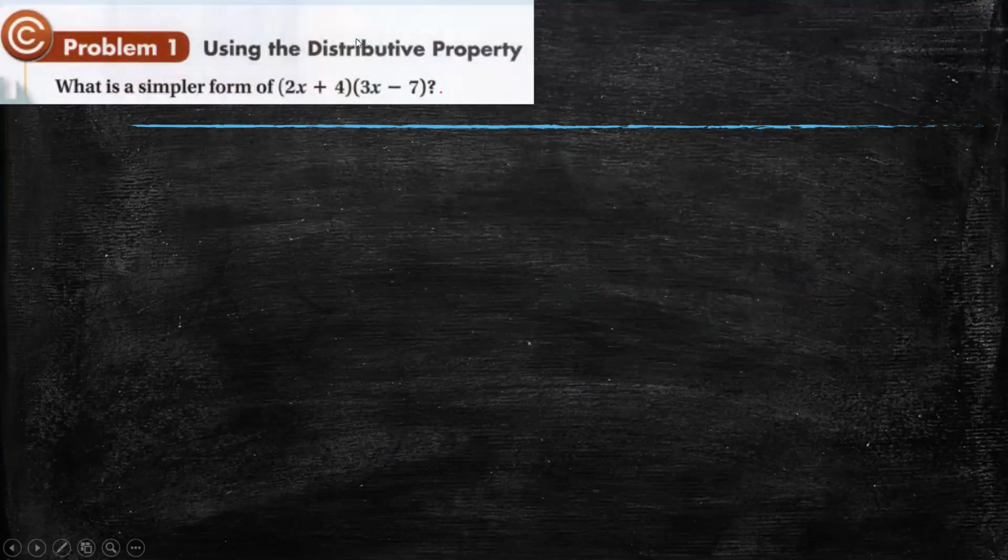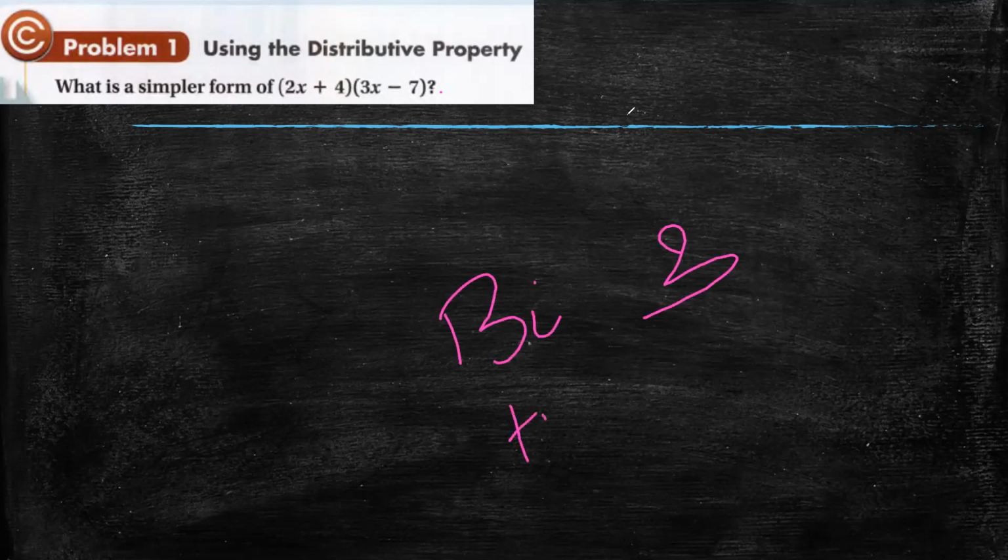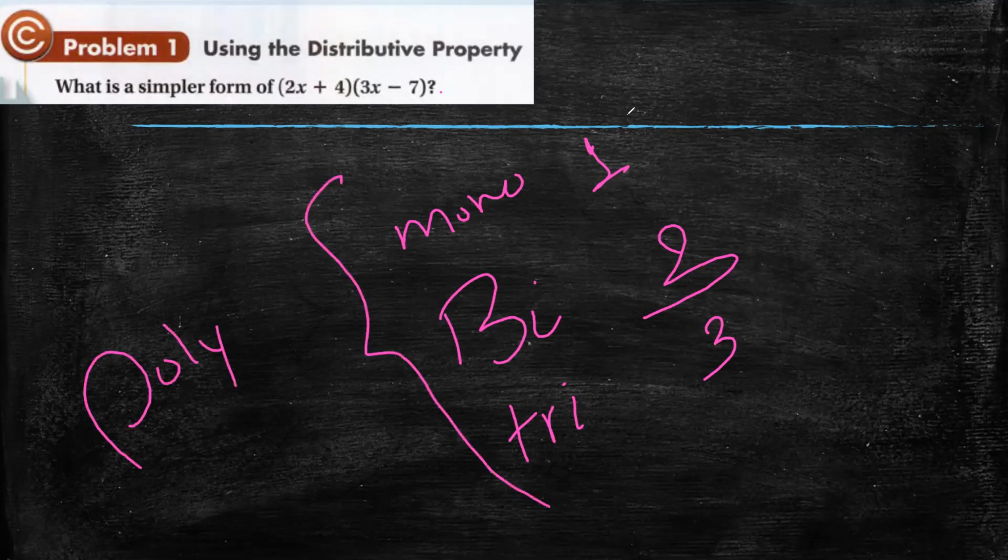Monomial is how many terms? Mono, it's 1. Trinomial, tri, it's 3. Polynomial covers all of them.